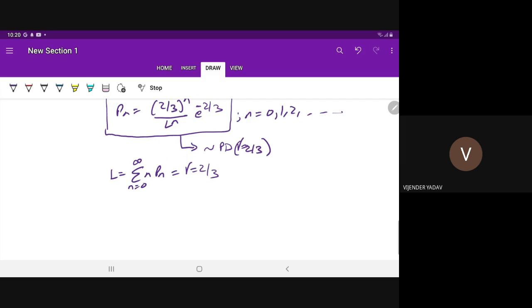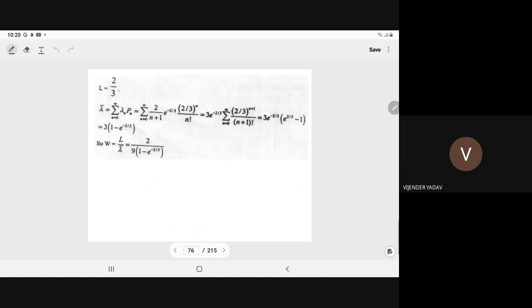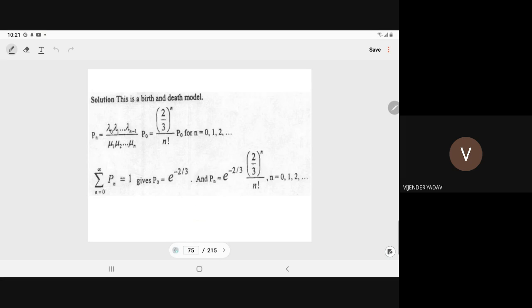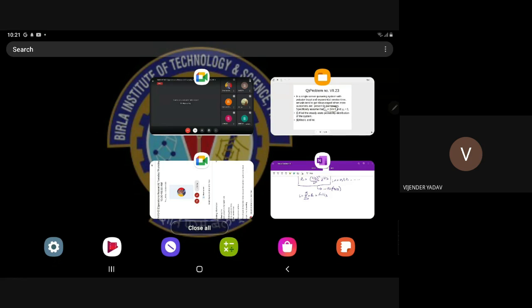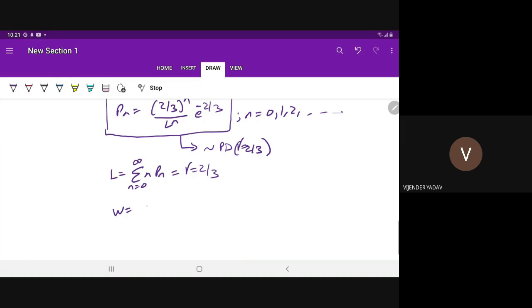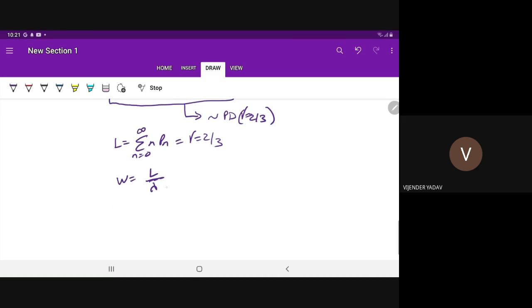Then in the question we have to compute the W. By Little's formula, W is equal to L upon lambda bar, where lambda bar is the effective arrival rate.